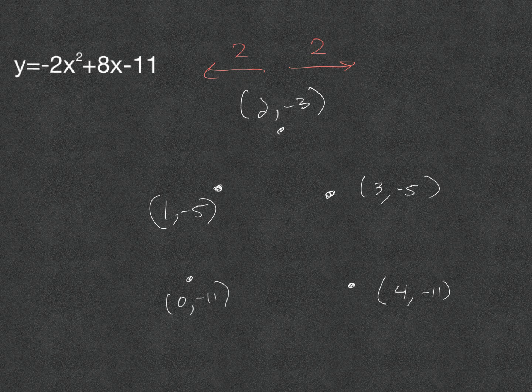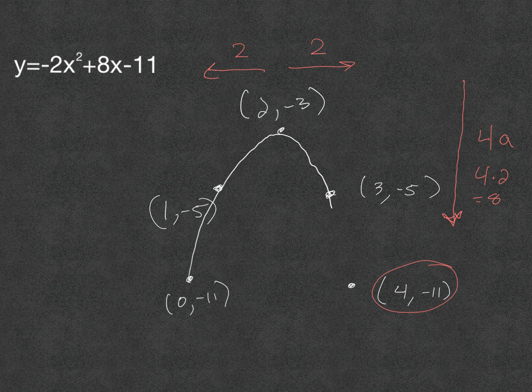Is there another way to do that? Yes. If you go 2 to the right, you're going to go in the y direction 4a. A is 2, so 4 times 2 is equal to 8. You're going to go down 8 from 3, which is definitely -11. Okay? This is maybe a unique approach to this. And by the way, this is definitely a parabola that's pointed down.